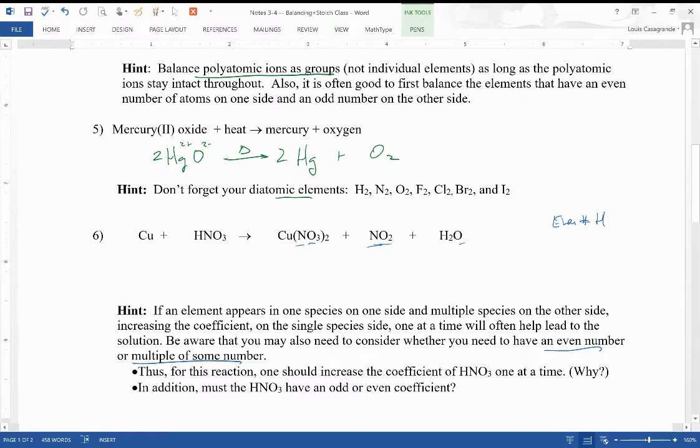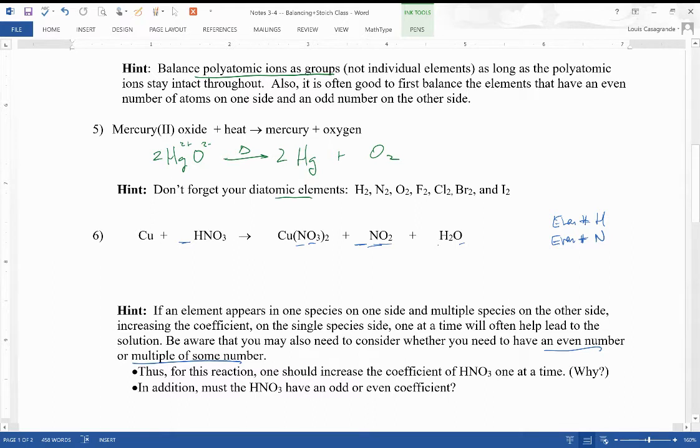If there's an even number of hydrogens on the right, that means there must be an even number of hydrogens on the left, and so that forces us to give an even number of nitrogen atoms as well, which means the coefficient in front of the nitric acid and the coefficient in front of the NO2 have to be even in the end. So we'll get to that.